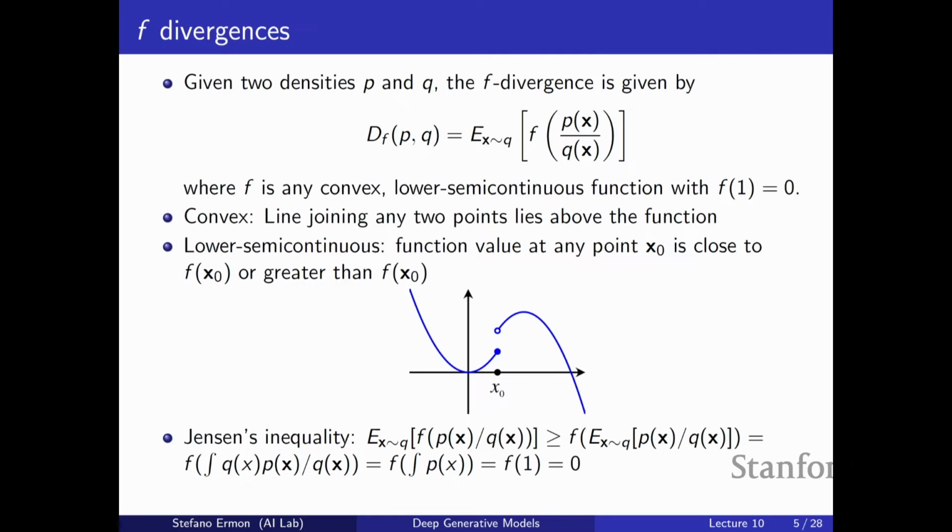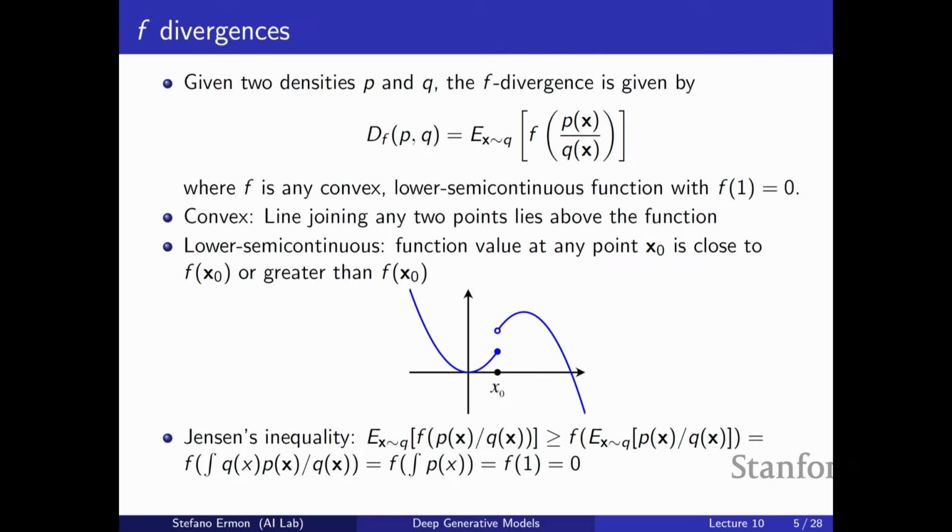And so it behaves similarly to KL divergence in the sense that it tells you how similar or different P and Q are by looking at all these density ratios and scoring them through F. If the distributions are the same, then P and Q assign exactly the same probabilities to everything that can happen, and that F divergence is going to be 0.